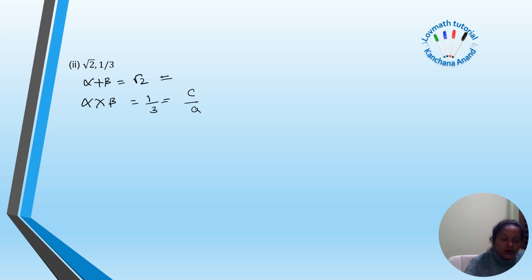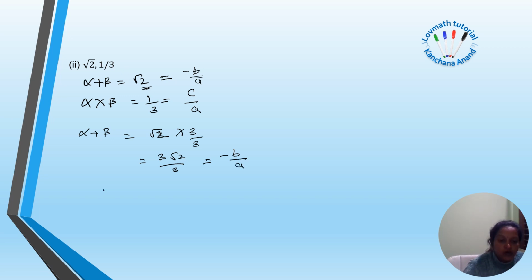But in this part we don't have minus b divided by a. So we are going to multiply this root 2 by 3 and divide by 3. We'll get 3 root 2 by 3, which is equal to minus b by a.